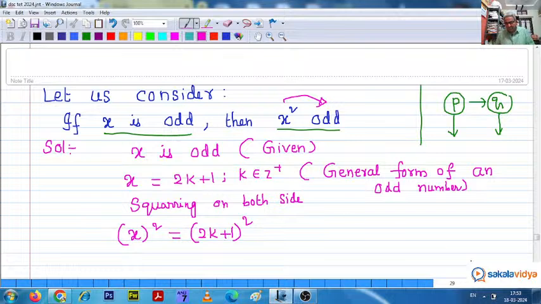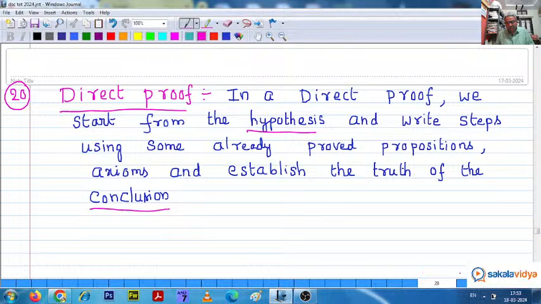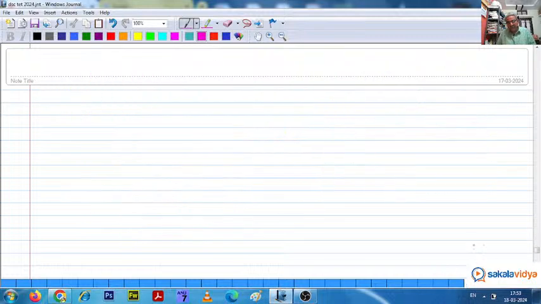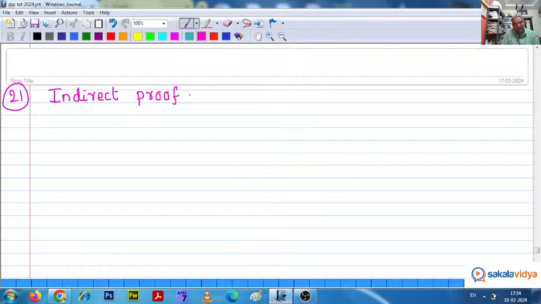So, next let us move to indirect proof, right.